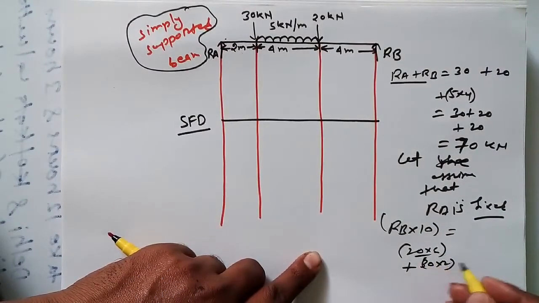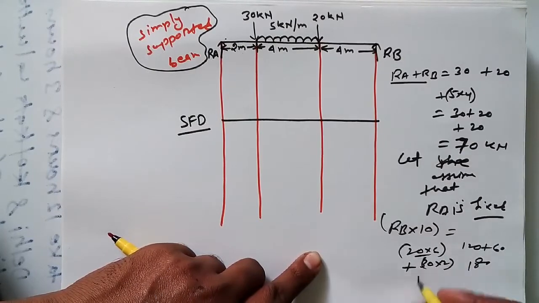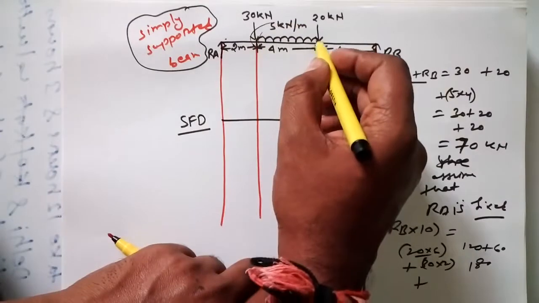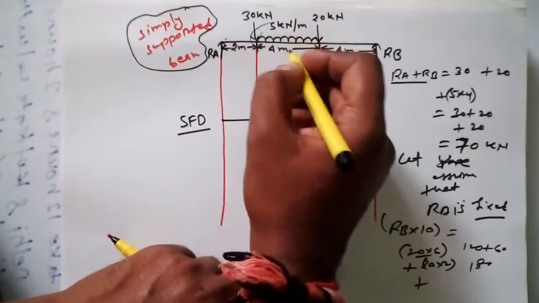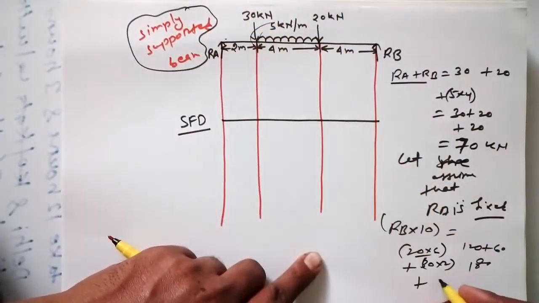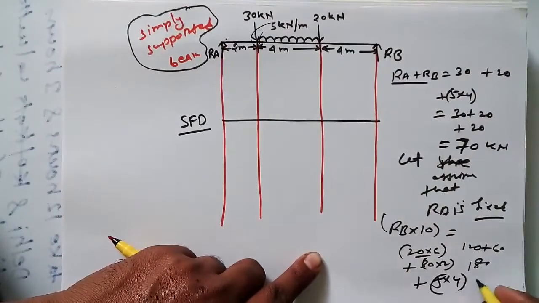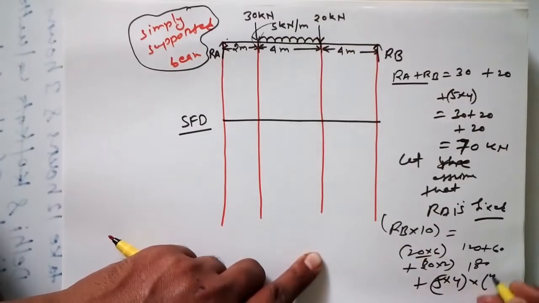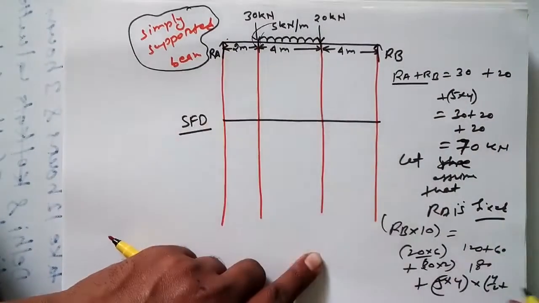So how much would this be? 120 plus 60, 180. And we also have the UDL load. The bending moment because of this load would be 5 into 4, into, because this load acts at the center, 4 by 2 distance plus 2.